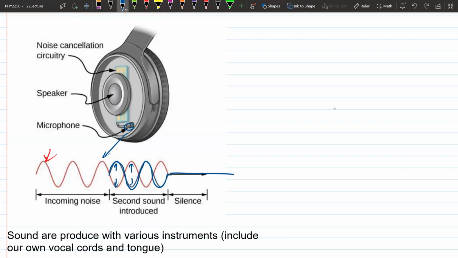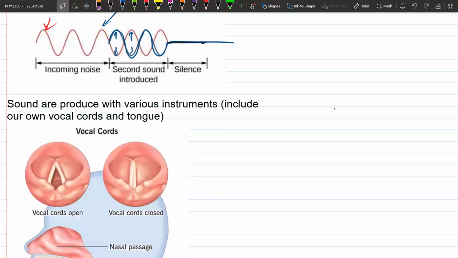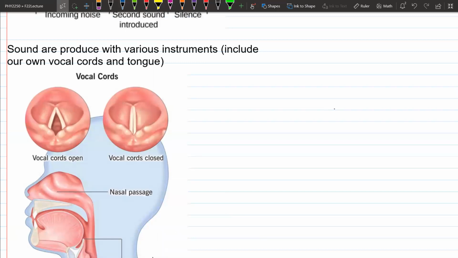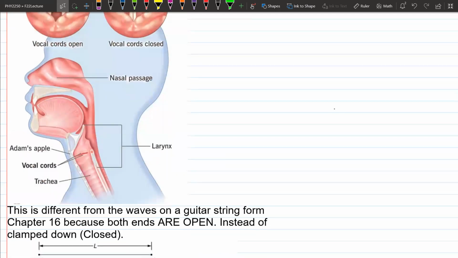So sound is also produced not just from guitar strings and noise canceling headphones. For example, we ourselves make noise, as we demonstrate here a lot. The human instrument is basically made up of our trachea with this thing called the vocal cord.